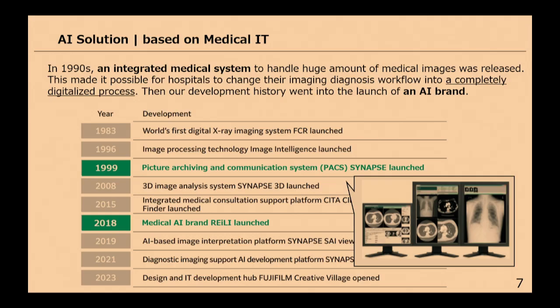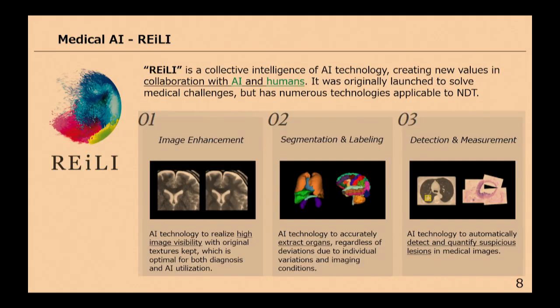And in 2018, in the medical industry, we started to use AI to help the radiologist or the doctor in diagnosing or finding medical problems in the body or inconsistencies. And that was called REiLI. It's a collective intelligent AI technology creating new values, collaborations with AI and humans.